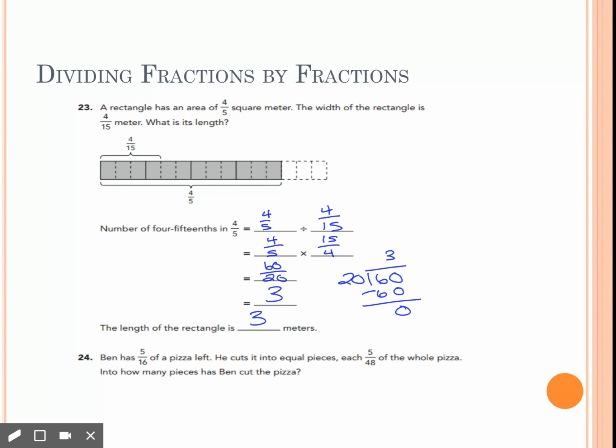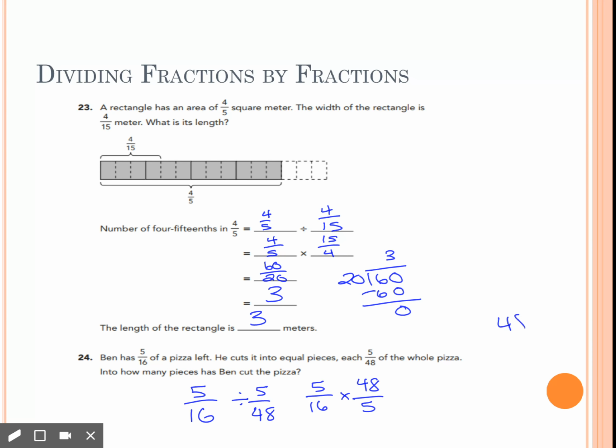Ben has 5/16 of a pizza. That's what he starts with. And then he's splitting it up into 5/48. So that becomes 5/16 times 48/5. So 48 times 5.